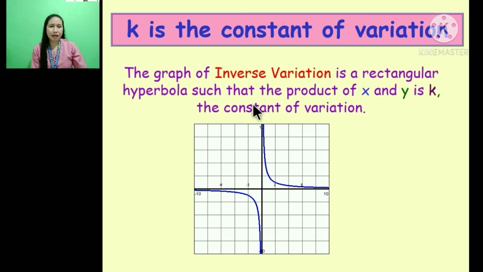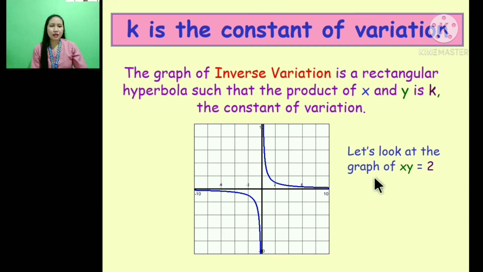On the other hand, in inverse variation, we have a rectangular hyperbola in the graph. As you can see, it's like a letter L and an inverted letter L.